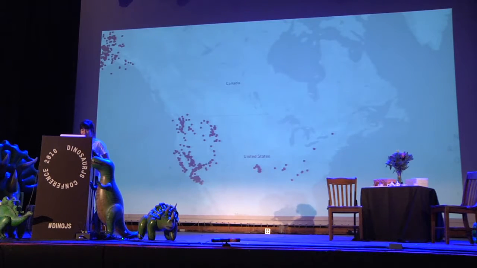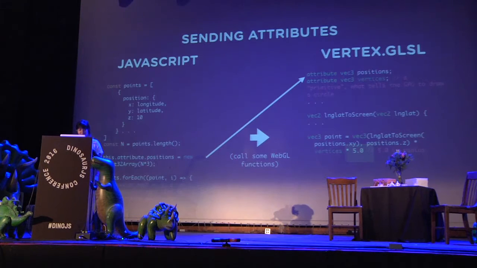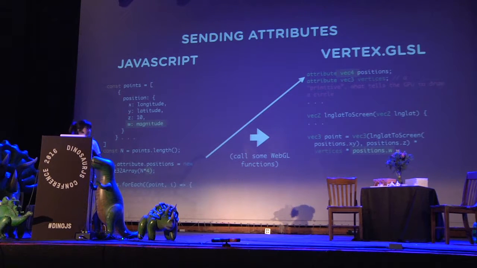It's kind of magic right now, but if we look back at the map, we can see all the radii of the points are the same. And that's being set where that yellow box is highlighting in the vertex shader. So if we want to send the magnitude, we have to make a couple of changes. I'm adding a fourth attribute to that position called magnitude.